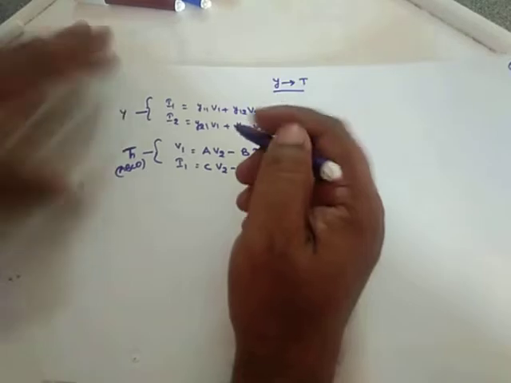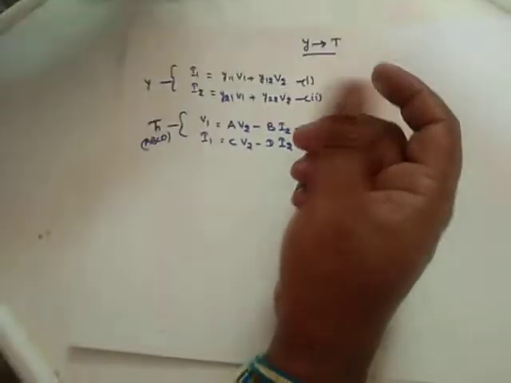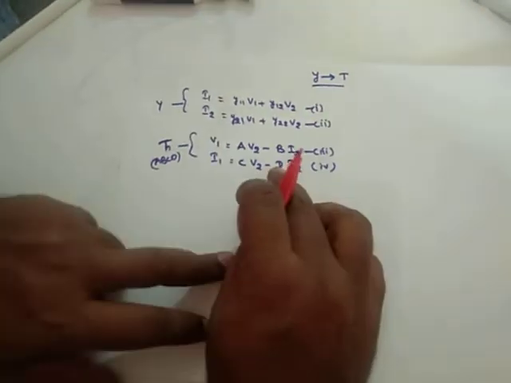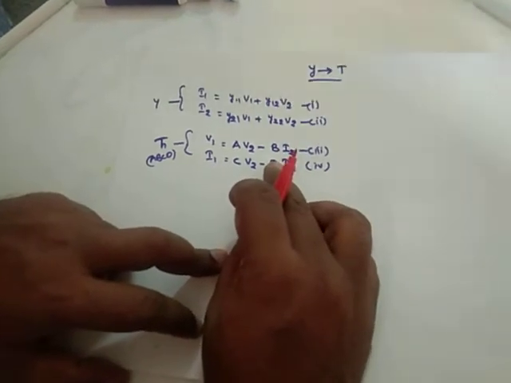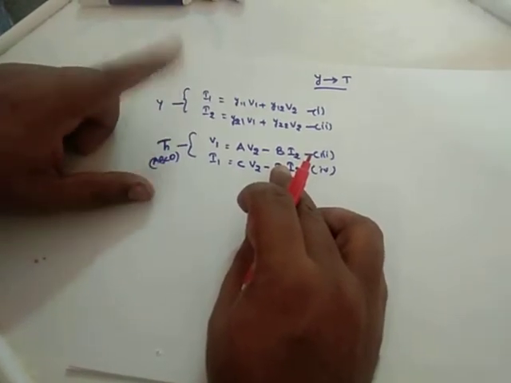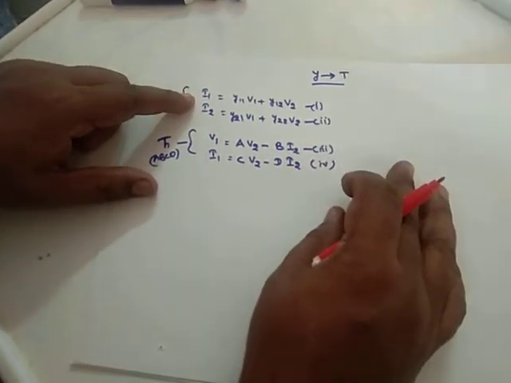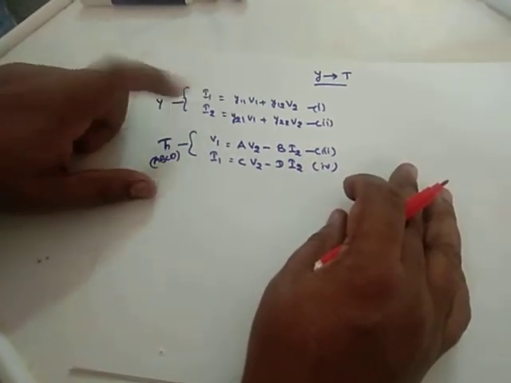Now we have to convert these basic equations in T in terms of Y. In Y parameters, I1 and I2 are the dependent parameters.